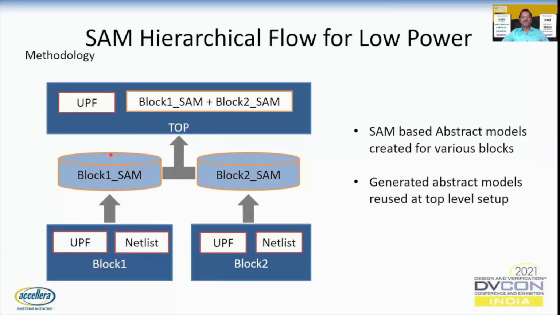You can have multiple blocks abstracted. At top level, along with the necessary constraints and power intent, that is UPF, abstracted models are used. The beauty of SAM flow is that it does not require interface or dummy or stub files created for the abstracted blocks or IPs. The relevant design intent is captured in SAM flow, reducing a lot of additional tasks for the designer.